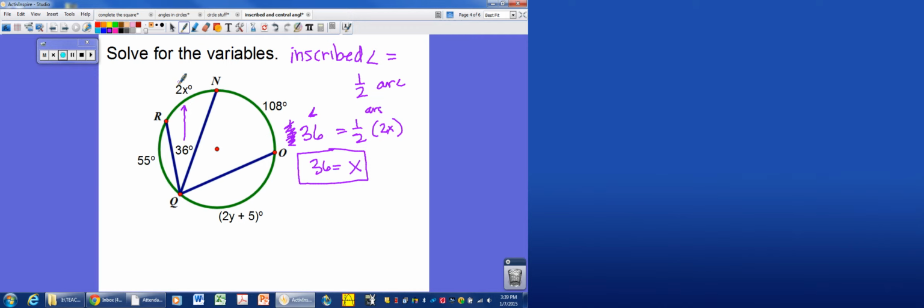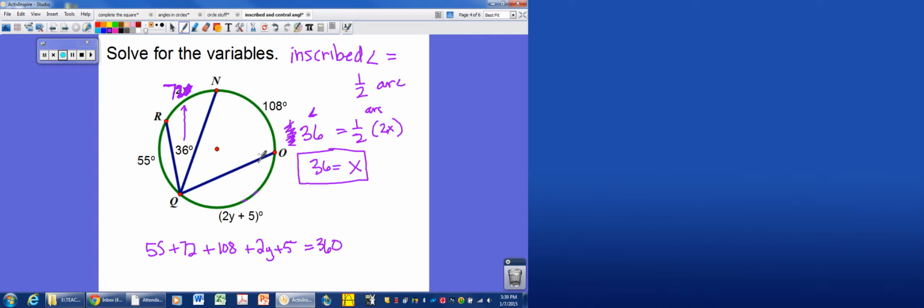So if x is 36, that means this is a 72-degree arc, because 36 times 2 is 72. We need to know that because all of these arcs have to add up to 360. So you solve for x so we can find out what this arc measure is, because 55 plus 72 plus 108 plus 2y plus 5 has to equal 360.